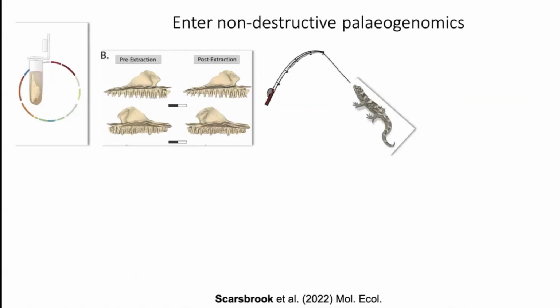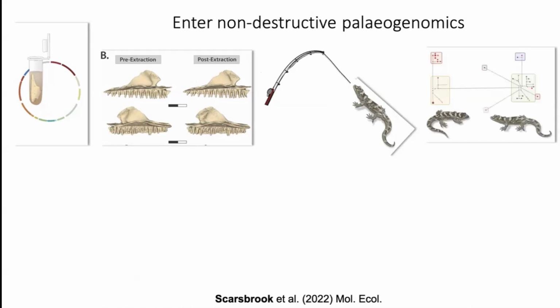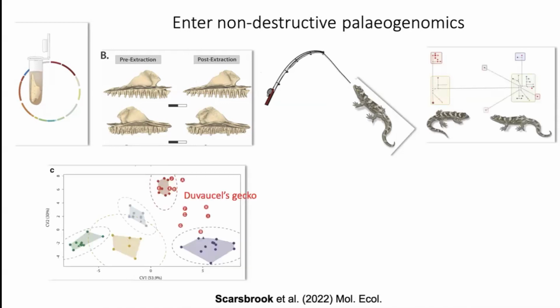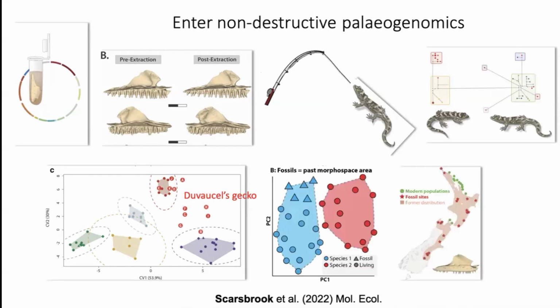Here we've attached modern gecko DNA to find ancient gecko DNA. And we can build a whakapapa. And what we find is that these geckos in no gecko's land are actually Duvaucel's gecko, and we've just undergone this rapid morphological change. And that could be due to the impact of human colonization of New Zealand.